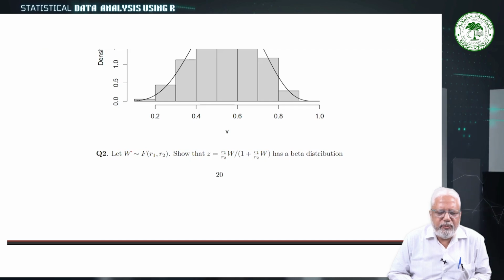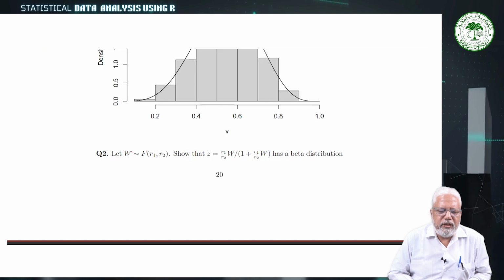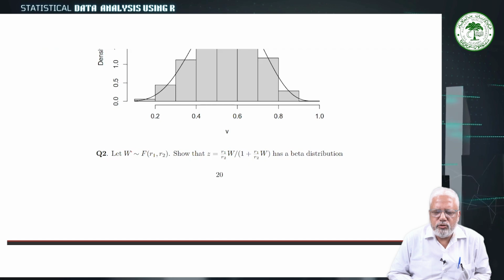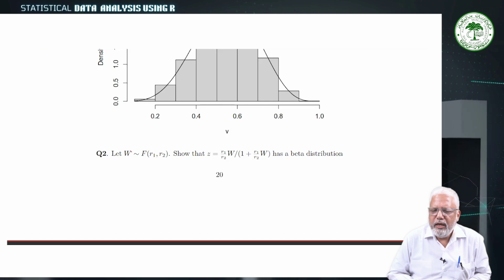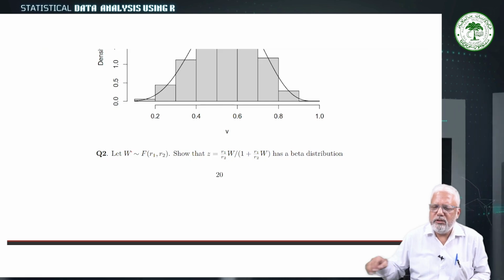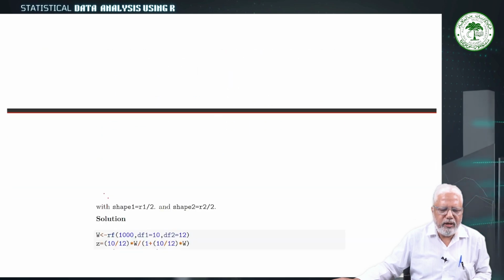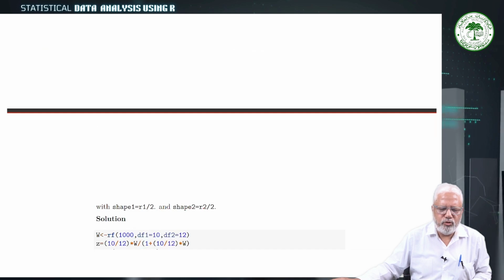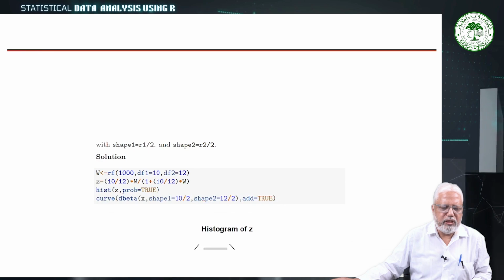Here, if W follows F distribution with degrees of freedom R1 and R2, show that Z is equal to R1 by R2 into W divided by 1 plus R1 by R2 into W has a beta distribution with shape 1 equal to R1 by 2 and shape 2 equal to R2 by 2. So we have proved this result.